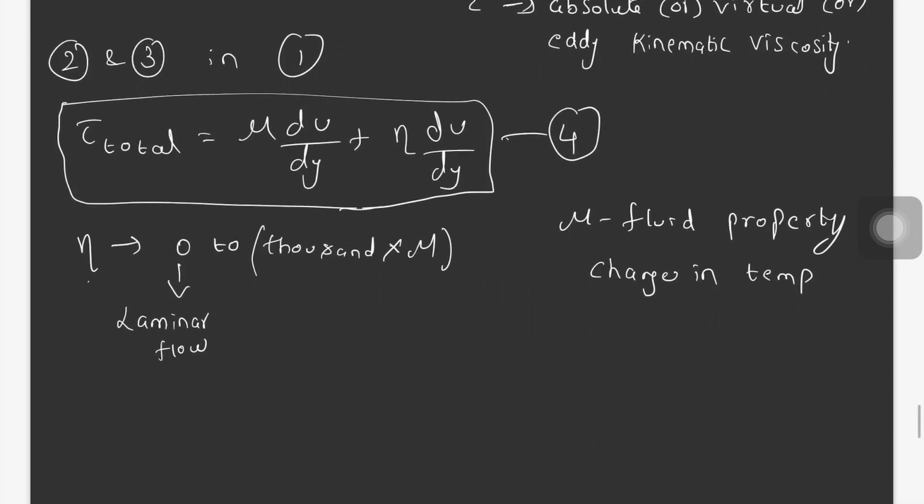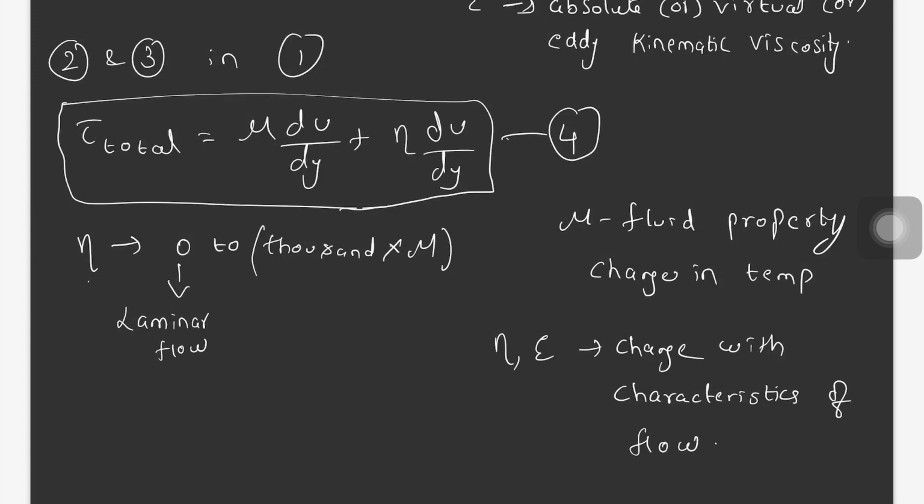Whereas eta and epsilon, those new items which we derived, they change with characteristics of flow. Which means these values are not constant, they keep on changing.